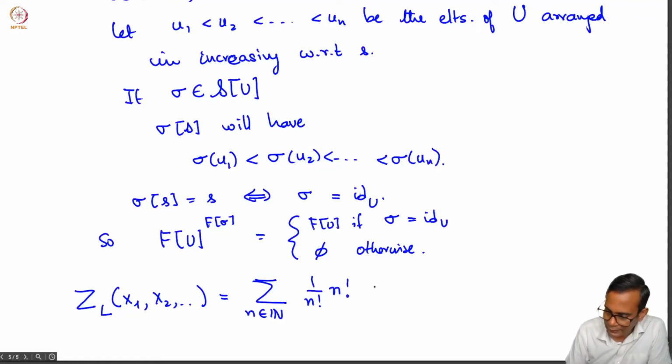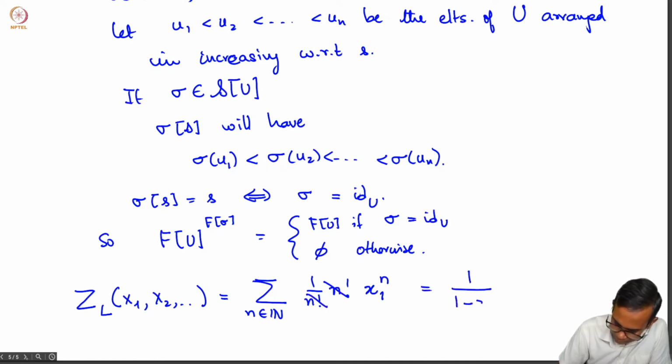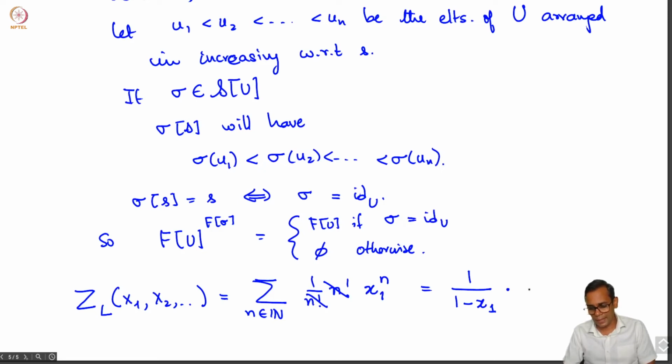And the identity will have n cycles of size 1 and 0 cycles of any other size, so you will just get x1 to the n. So these cancel off, and what you get is 1 over 1 minus x1. So the cycle index generating function for L is just 1 over 1 minus x1.